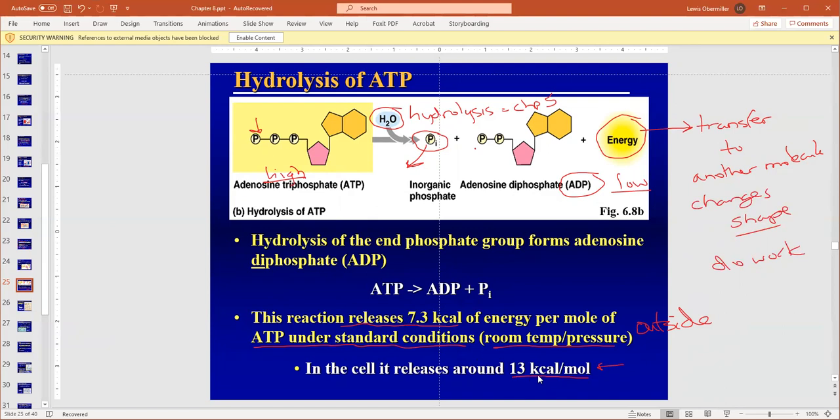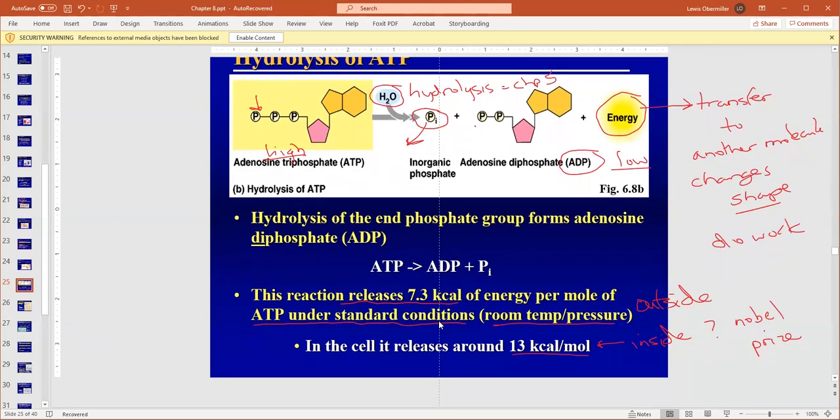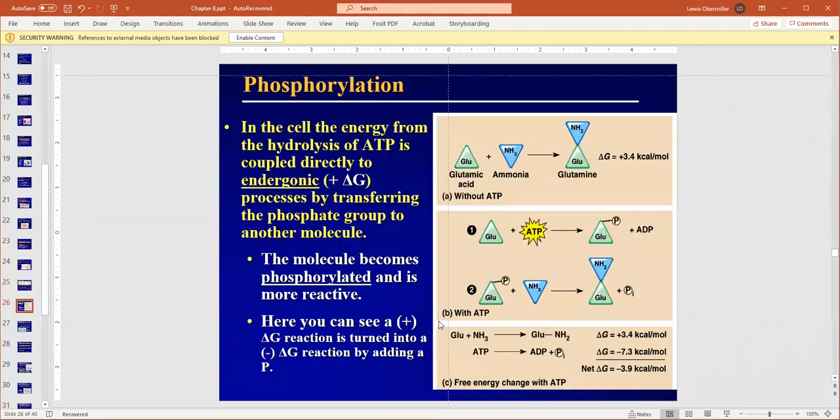So it's almost twice as much inside the cell as outside. Nobody knows why. So if you want a Nobel Prize, figure this out. I guarantee you'll win a Nobel Prize for that. It may take you a long time, but you'll get one. Okay, so phosphorylation is a term which simply means adding a phosphate.